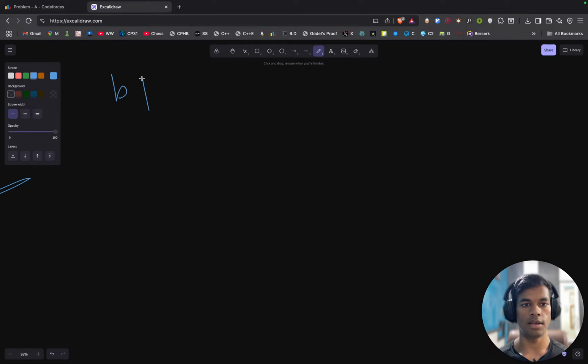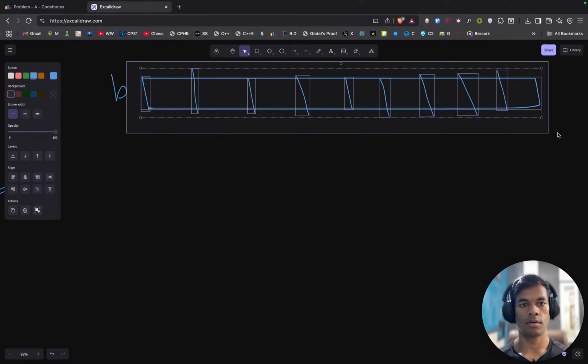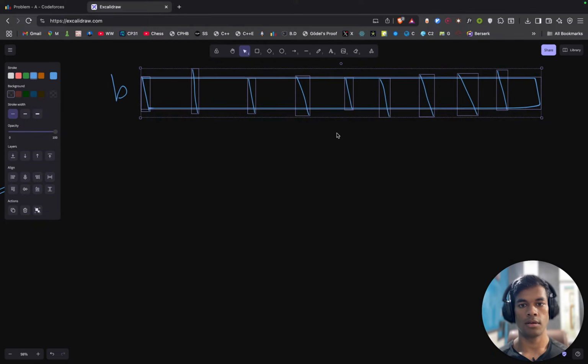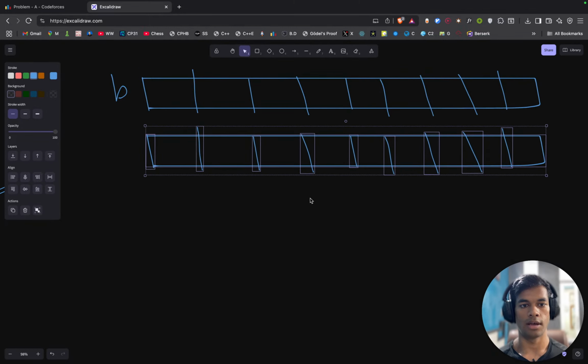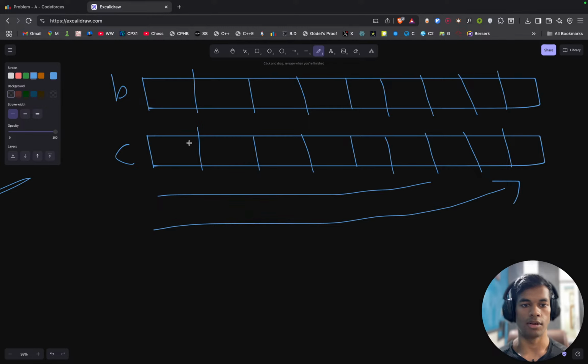Here is my original B array with some elements. Then I literally copy that and create another one called C, and this C will be sorted in ascending order, that is, the values are increasing, and then I match these corresponding elements.